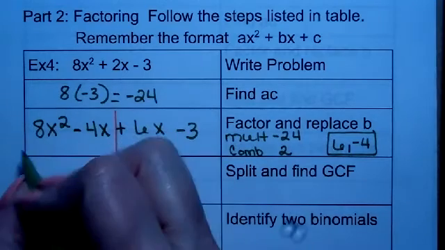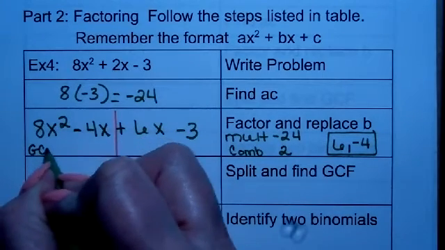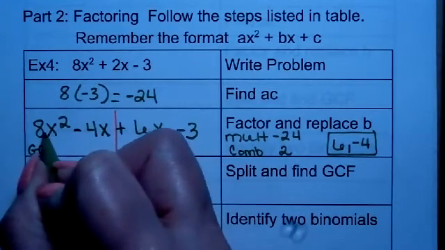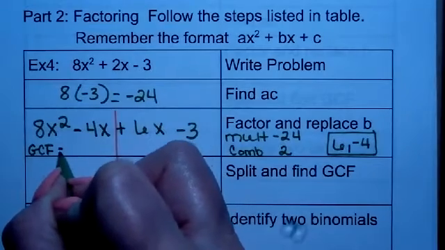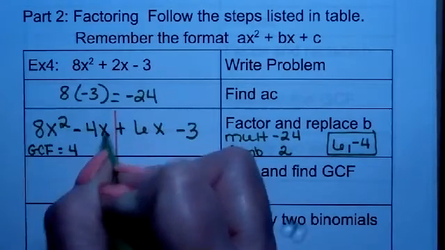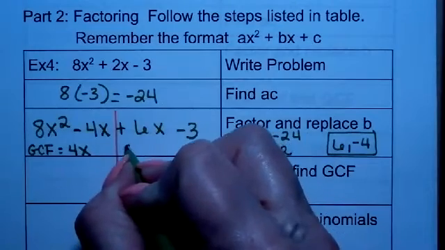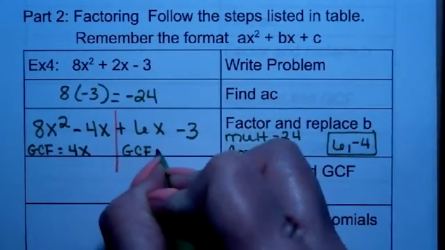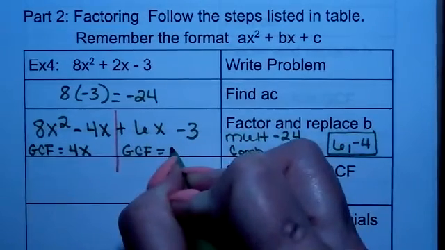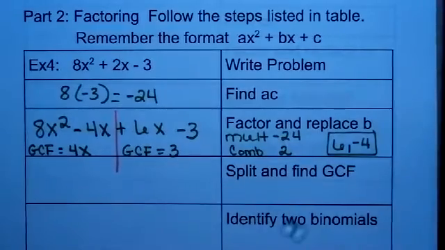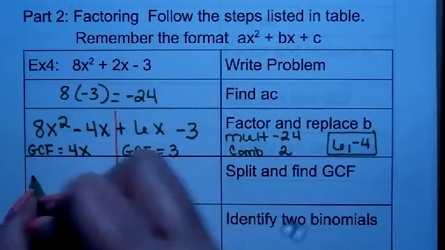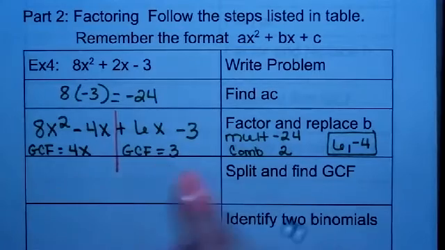Okay? Now, my GCF on this first half, well, GCF of 8 and 4 is 4. X squared and x, it is an x. Okay, on this side, my GCF of 6 and 3 is 3. Okay, and I don't have any x's in my GCF. Now, I'm going to factor here.